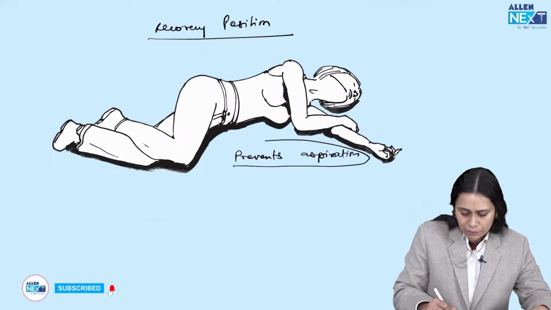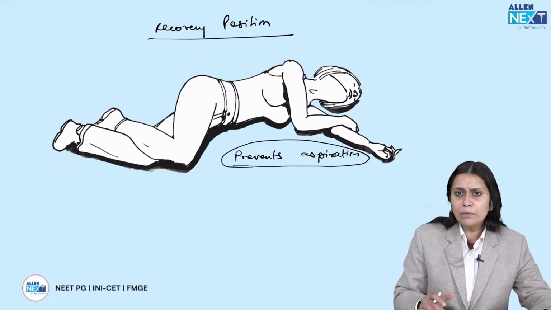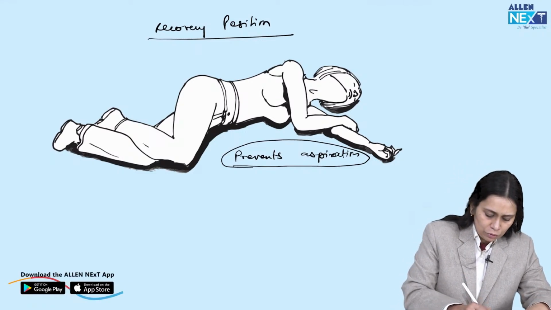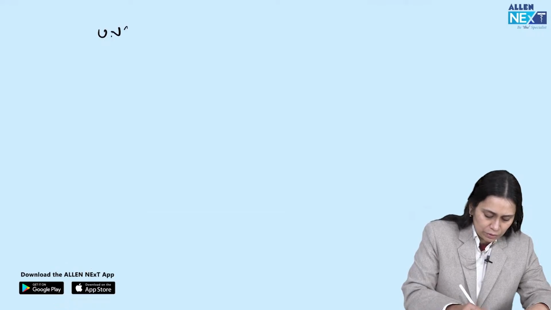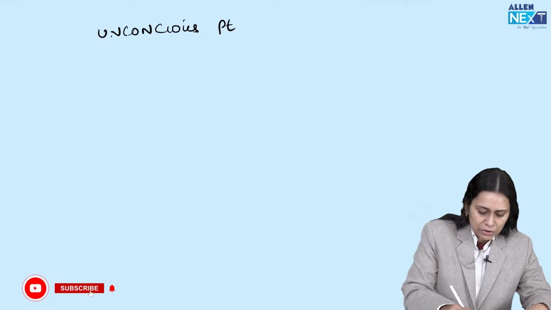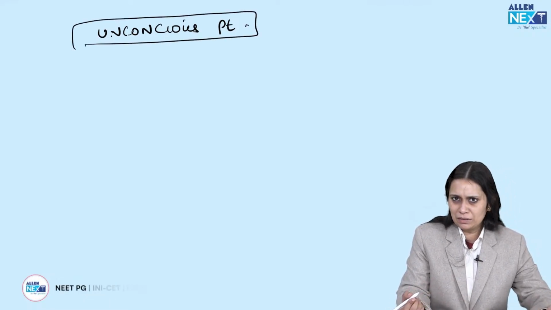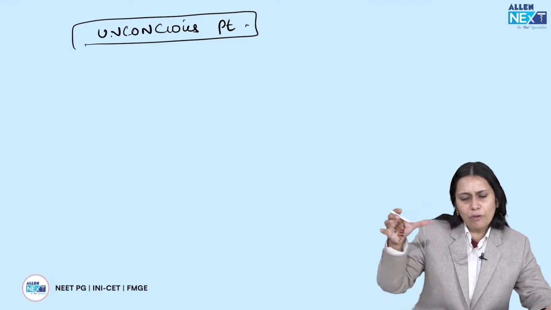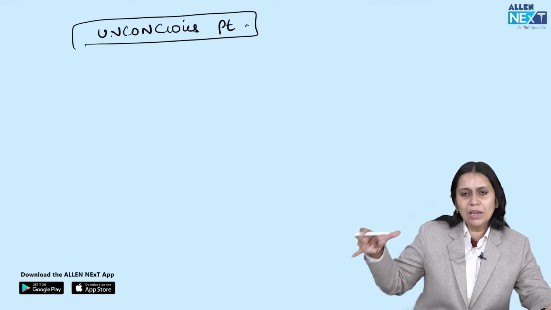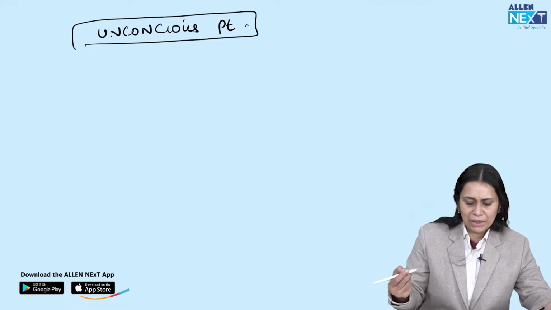So if it prevents aspiration, what are the patients who are at a high risk of aspiration? Unconscious patient. So what did I tell you in the previous question? For an unconscious patient, we go for BLS approach. For a conscious patient, we go for primary ABCDE approach and secondary approach. For unconscious, unresponsive patient, we go for BLS approach.